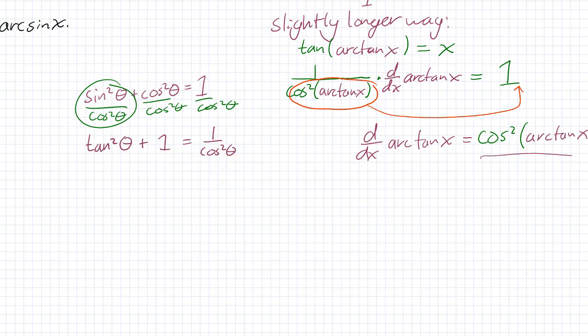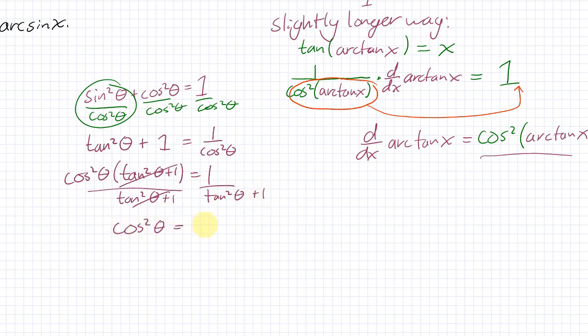So I'm going to multiply both sides by cosine squared of theta. And then divide both sides by tangent squared of theta plus 1 so that this can cancel out. And so cosine squared of theta is equal to 1 over tangent squared theta plus 1.